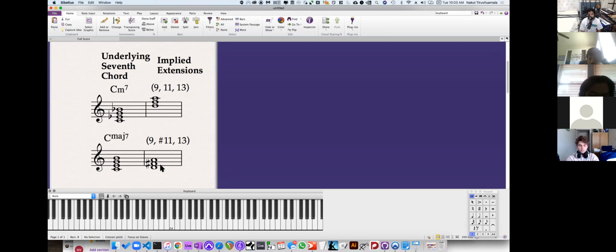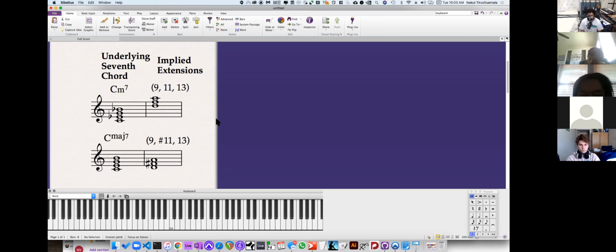These implied extensions are usually favorable in jazz contexts to improvise over. They're not always, it depends, right? If you're looking at a rock chart or a pop chart and there's a minor seventh chord, you might want to keep it as a minor seventh chord. You might not want to jazz it up, so to speak, by adding these extensions.